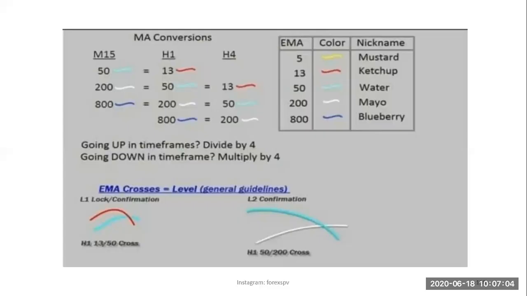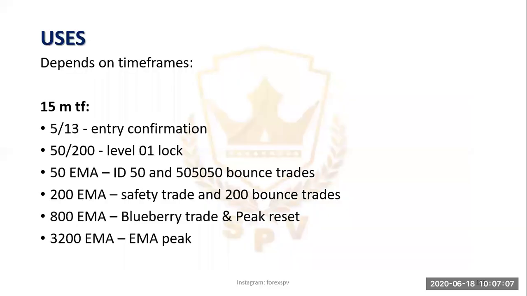And now let's go to the uses of these EMAs. The uses depend on time frame. On the 15 minutes time frame, we use the 5 and 13 crossover as entry confirmation. The 50 and 200 crossover is usually the level 1 lock, so we should expect level 2 after the 50 and 200 crossover.